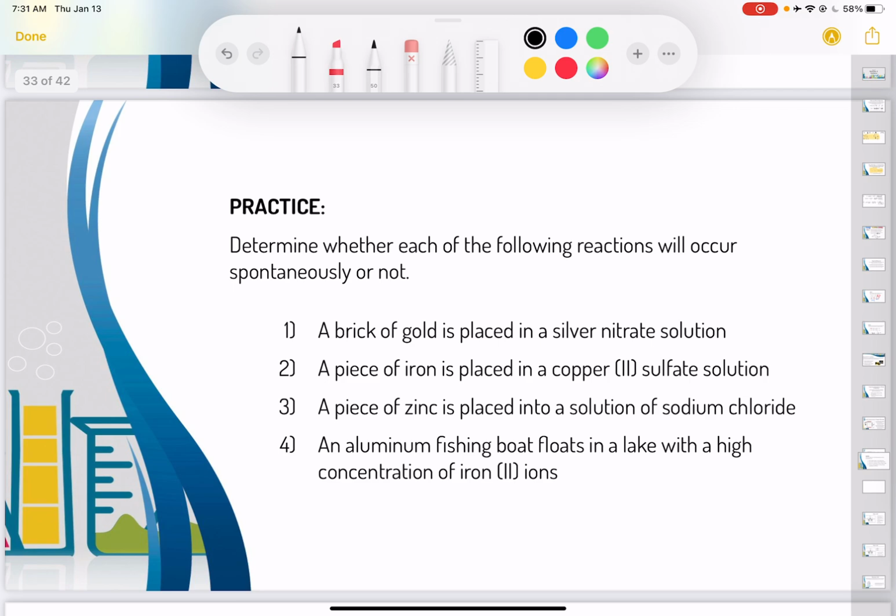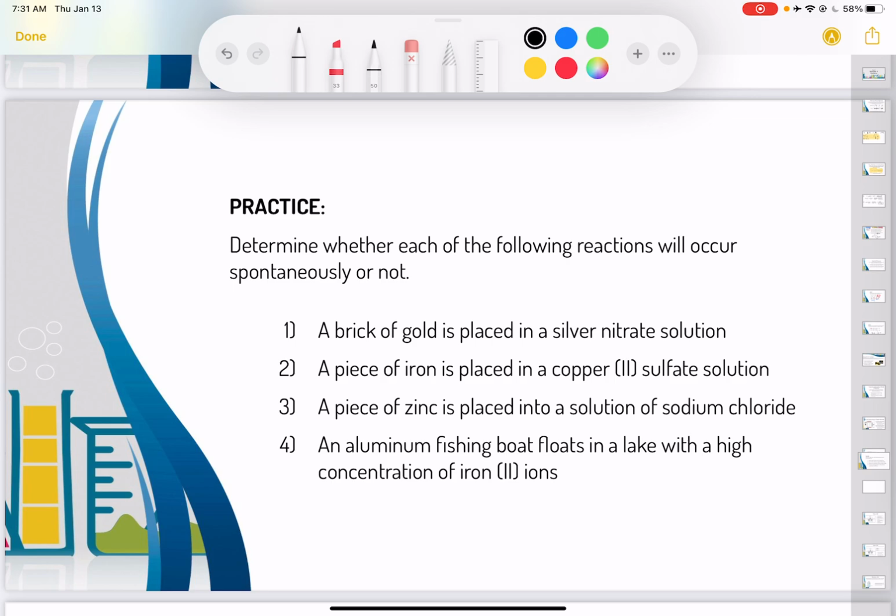So let's look at these word problems, I guess. So some practice. It says a brick of gold. So this is putting it into words, but as we're reading through these questions, we can write the symbols for it, or you can use the periodic table to figure it out.